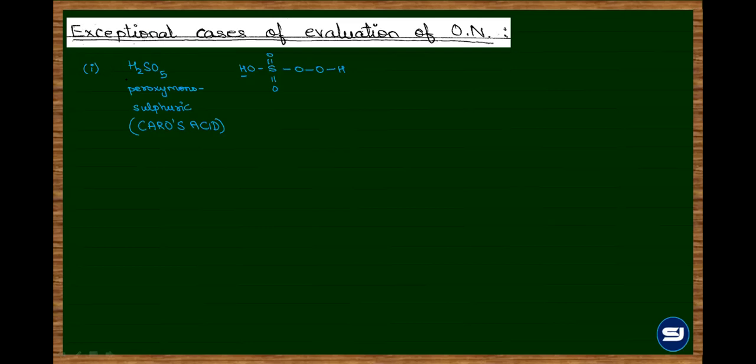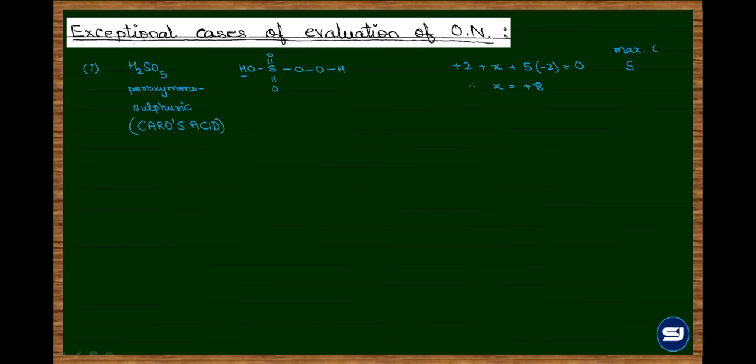Now, if I were to get the oxidation number over here, the simple calculation would have been hydrogen +2 plus X for sulfur and 5 into -2 for oxygen equals 0. With this calculation, I would have got the answer as X equal to +8. But if I talk about sulfur, what is its max oxidation number?